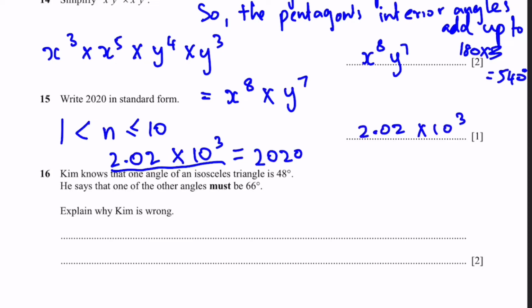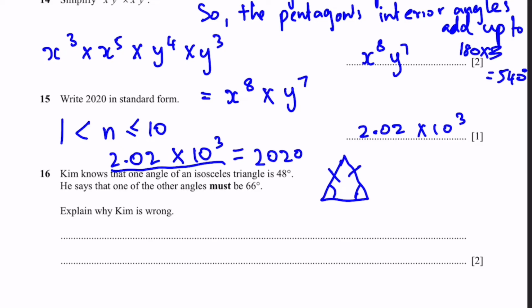Question 16. Kim knows that one angle of an isosceles triangle is 48 degrees. He says that one of the other angles must be 66 degrees. Explain why Kim is wrong. So let's just draw one isosceles triangle. And in that, these two sides are the same length. And these two angles are the same number of degrees.